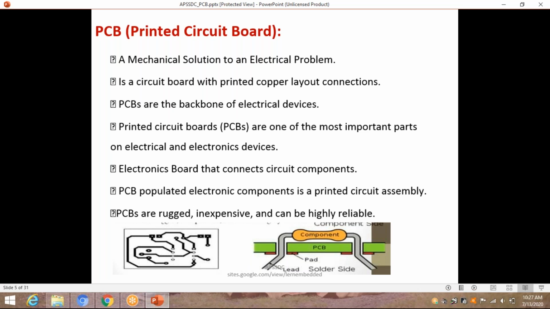Okay, I will give you an example. Consider a circuit. You have a battery, one LED, and a switch. You need to connect it on a breadboard. What will be the connections?